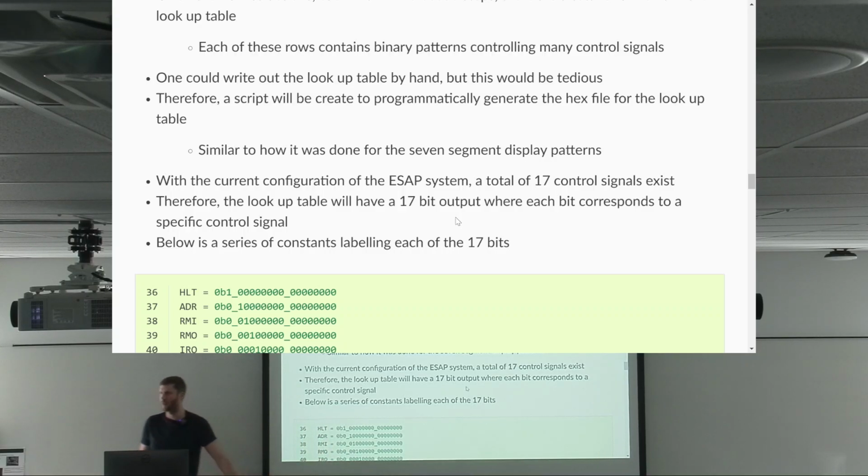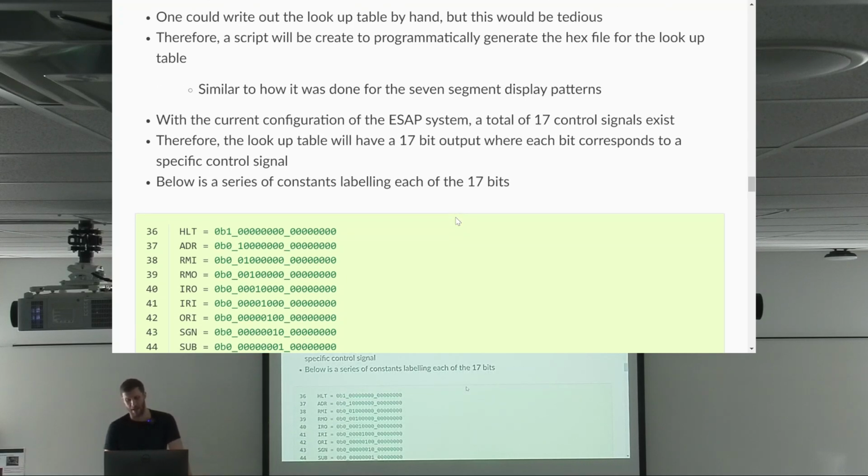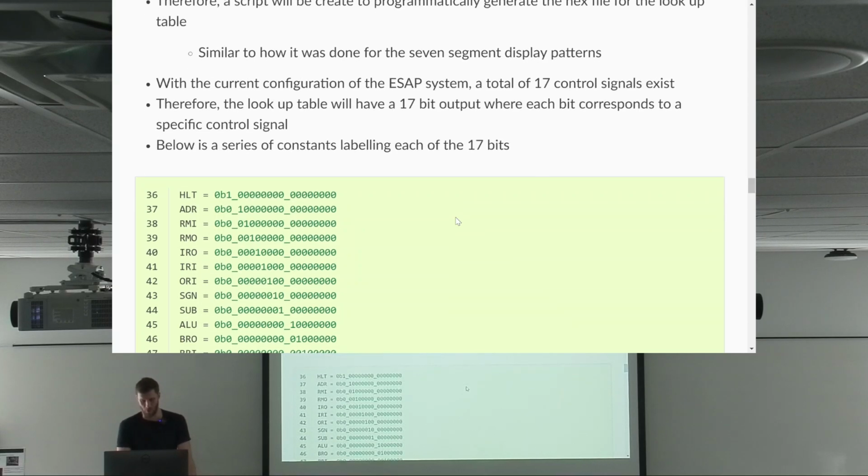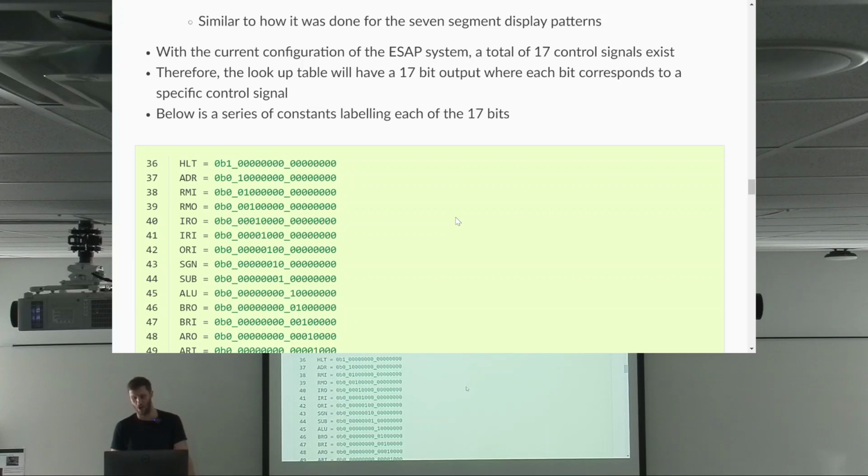With the current configuration of the ESAP system, we have 17 control signals. So we need to map 6 bits to 17. Therefore, the lookup table will have a 17-bit output and a 6-bit input. Each of the output bits corresponds to a specific control signal.